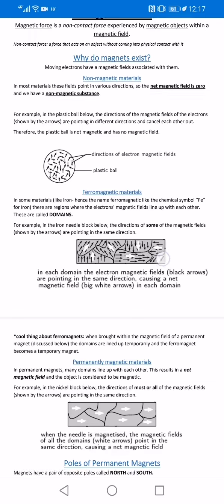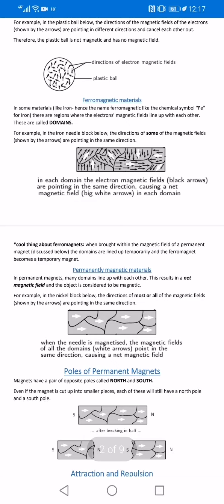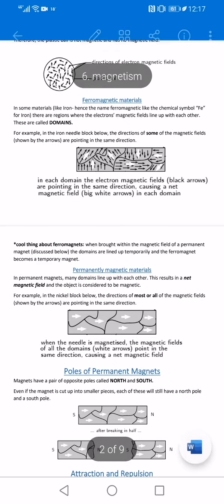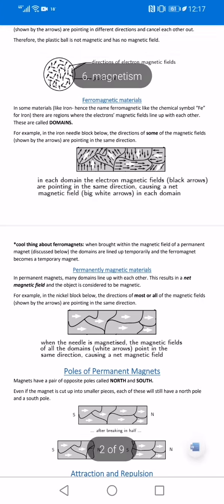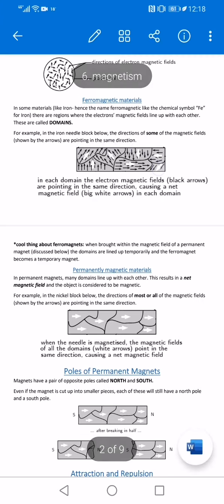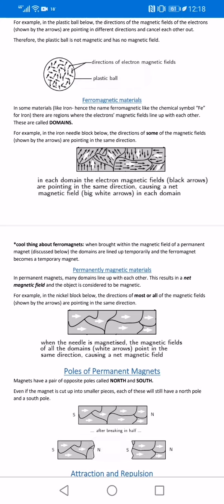Okay. Then you get ferromagnetic materials. Now, in ferromagnetic materials, we have these things called domains, and in each domain, so you can see in the diagram here, the domains are shown with sort of the little lines around them. It's broken up into little sections. Okay, those are each called domains.